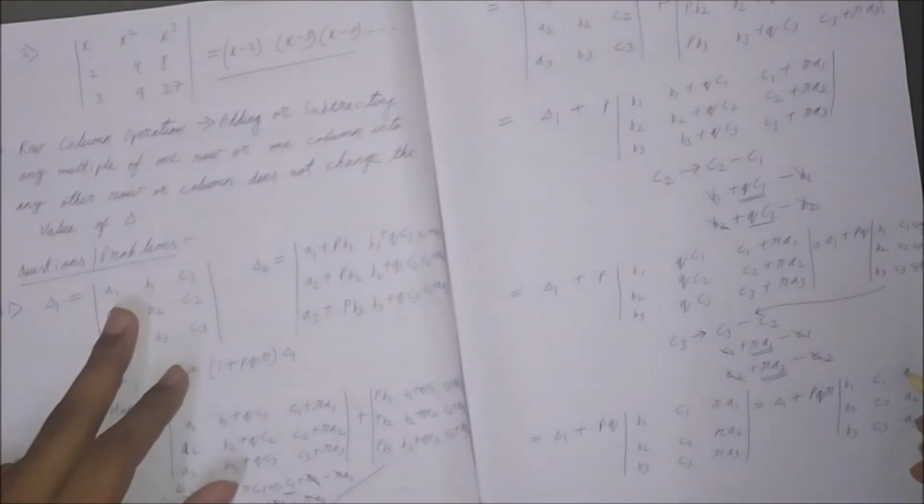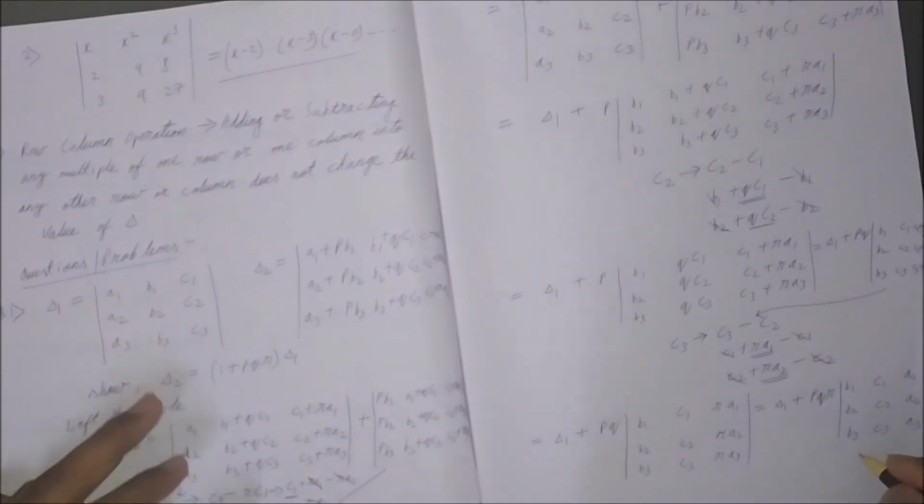So what we will do, we will interchange two times. One will be C1 interchange with C3, then C2 interchange with C3. So what we will get, delta 1 plus PQR.